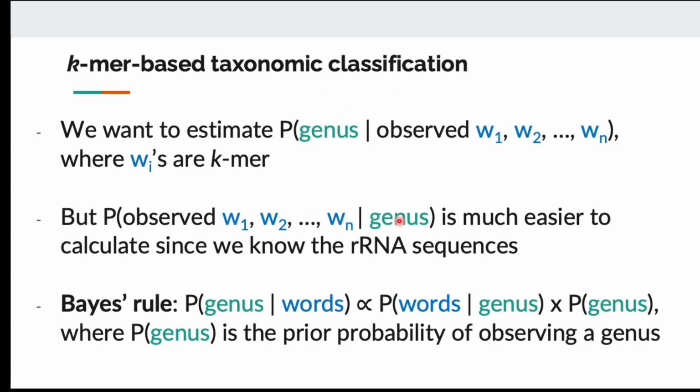But if I give you the genus, you can look up all the ribosomal RNA from that genus. You have the database. You look up that genus, and you get all the ribosomal RNA sequences. If I ask, from those ribosomal RNAs, what is the likelihood, what's the probability that your sequence data is going to produce this word? This is easy to calculate because you have the entire database.